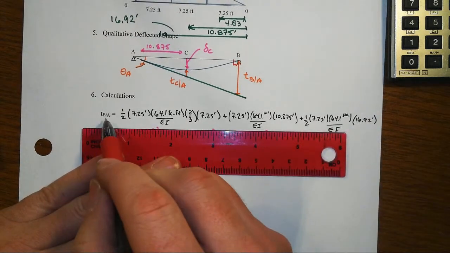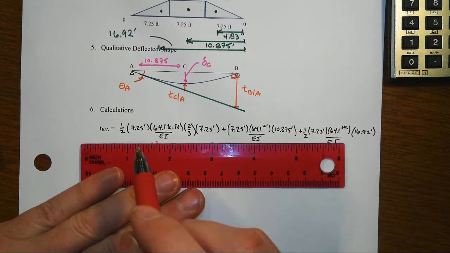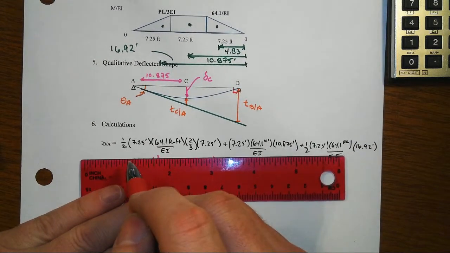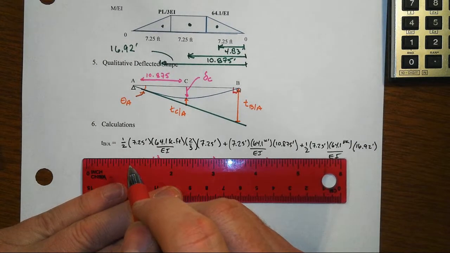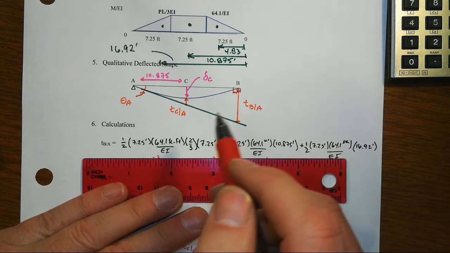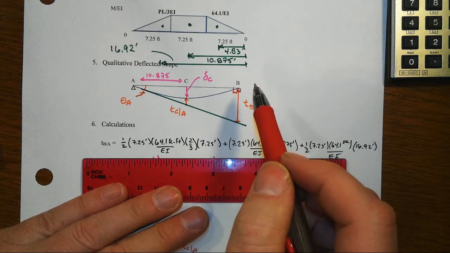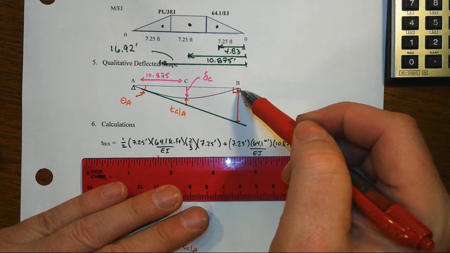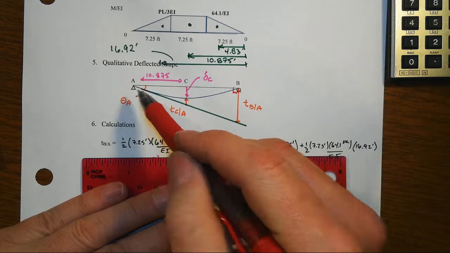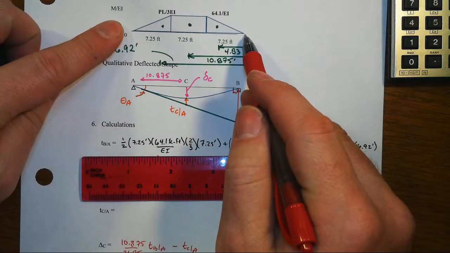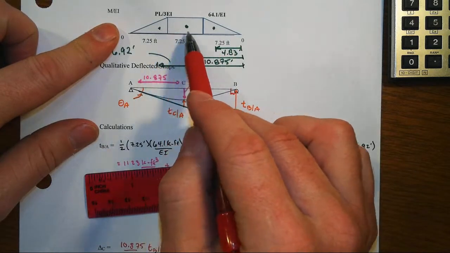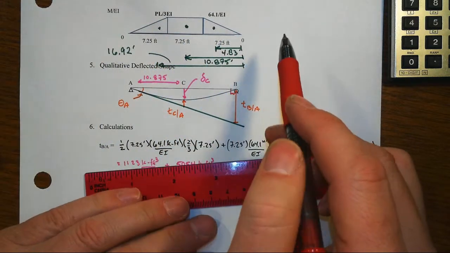The tangential deviation is given to us by the first moment of area under the M over EI diagram taken between the 2 points of interest, and the moment arm being with respect to our specific location. We're at B, tangent was drawn back at A, so that's the whole M over EI diagram that we're breaking up into 3 parts, 2 triangles and a rectangle.